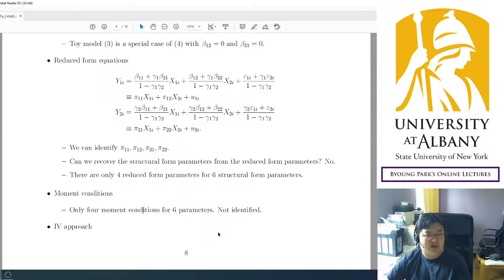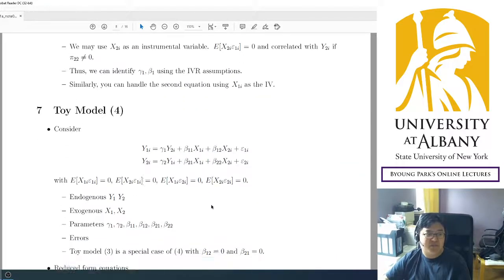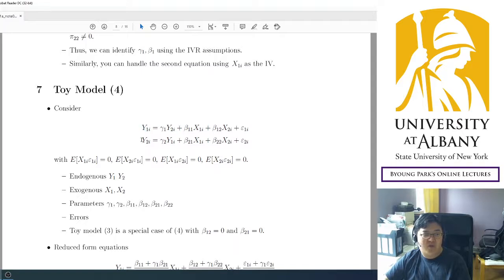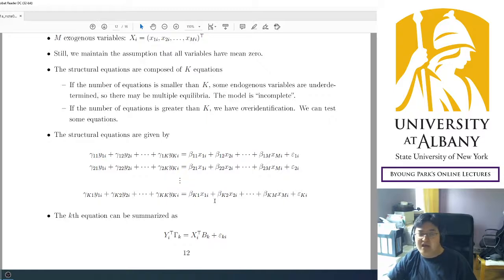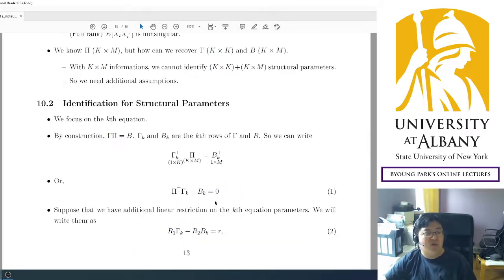Earlier, to identify this, we had to have two more restrictions, plus this and this. So this must be excluded, and this must be excluded. These four restrictions will identify all the parameters. That was the intuition we used in the simpler model. So now we are going to consider what kind of assumptions we need in a general setup. We need similar assumptions.